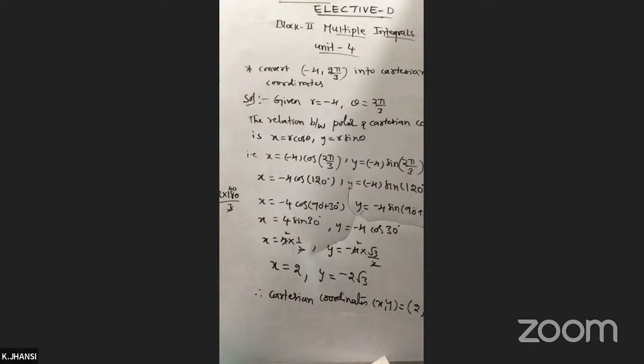Polar form means we need to find r comma theta. So both types of problems will be there. One means converting into Cartesian coordinates, another is converting into polar coordinates.